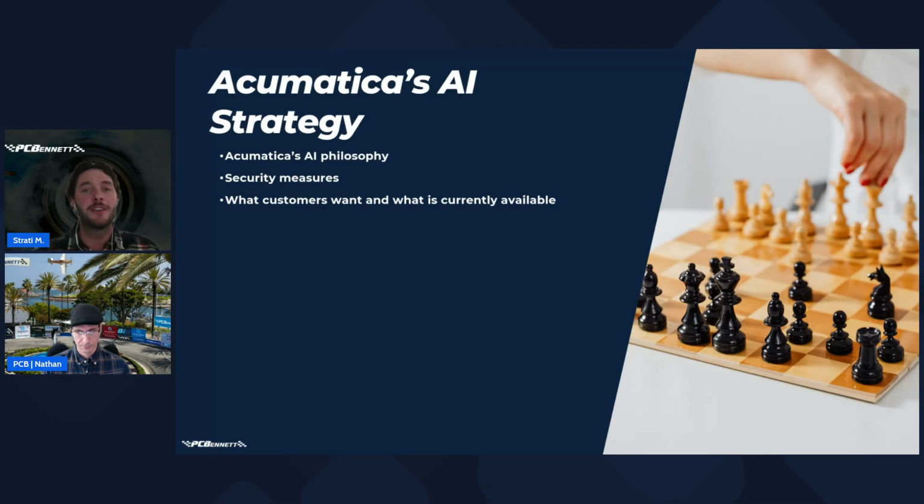But Acumatica developed that in-house, and it is completely isolated from public large language model training. And when you use your AI virtual assistant, once it becomes generally available, your private business data is completely isolated to your specific version.